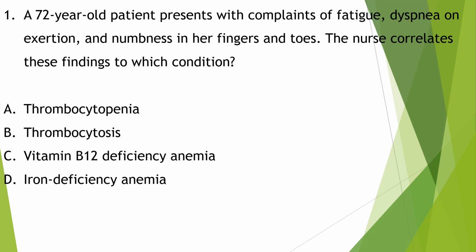So here the patient is complaining of fatigue, dyspnea on exertion and numbness in her fingers and toes. These are symptoms of anemia. But along with the shortness of breath, fatigue and dizziness, there are also some neurological manifestations present here, like numbness in the fingers and toes.